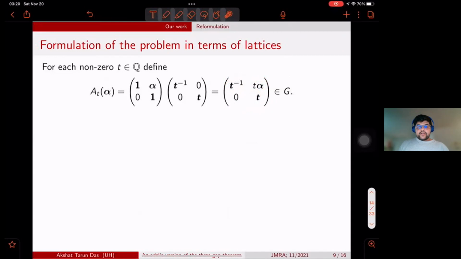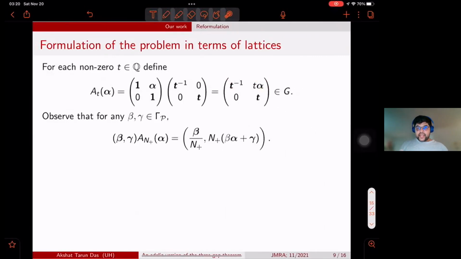Then particularly for the case when t is n⁺, we have the lattice for n⁺ and α. Let's consider any particular element in Γ_P squared and left multiply this lattice with that element of Γ_P squared. The lattice vector that we end up having with this calculation is very interesting.